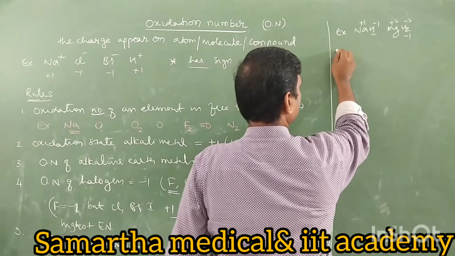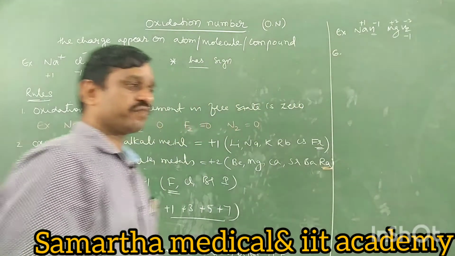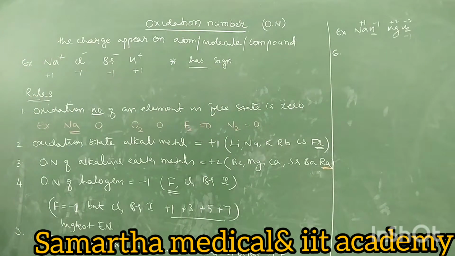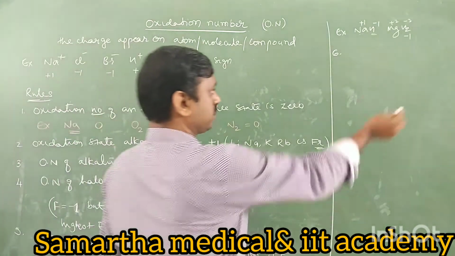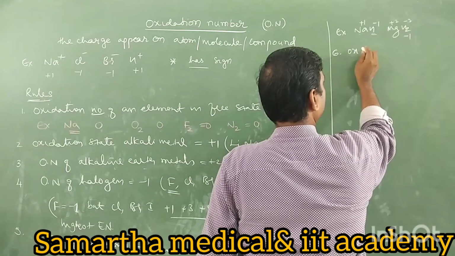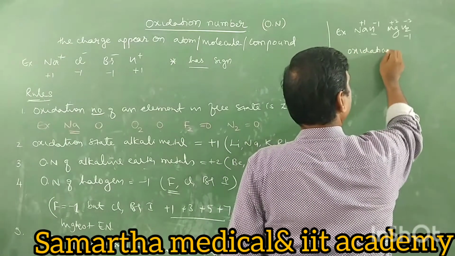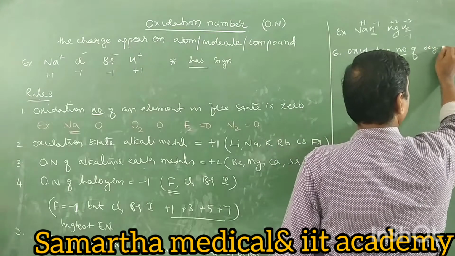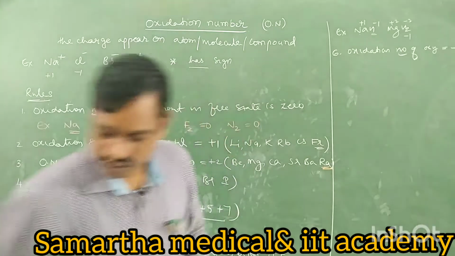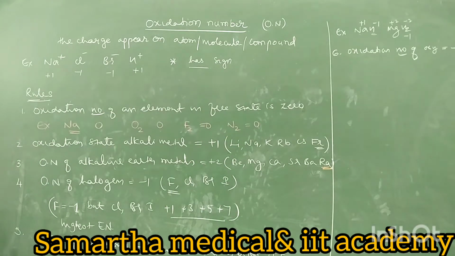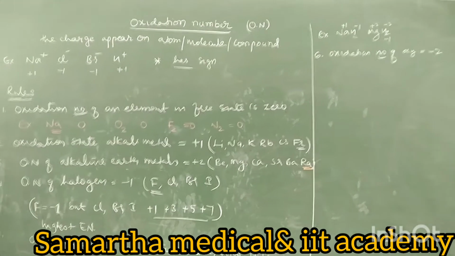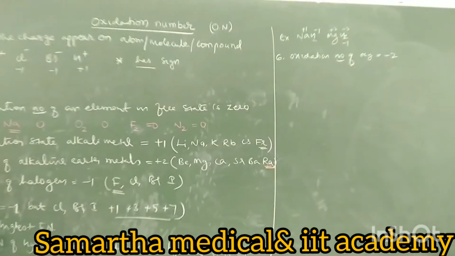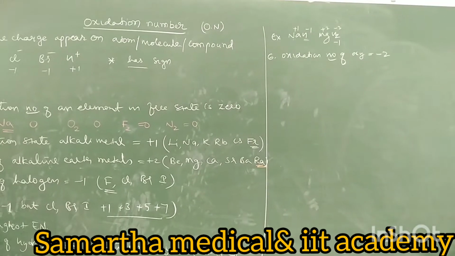Next, sixth point. The oxidation state of oxygen. Oxidation number of oxygen, generally it is minus 2. So oxygen has minus 2, but oxygen can also exhibit minus 1 and minus half.